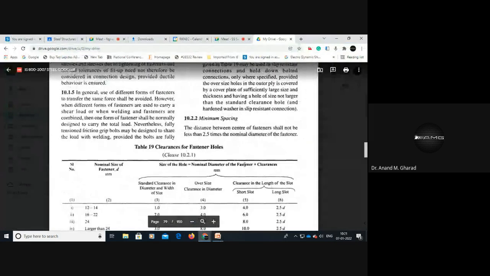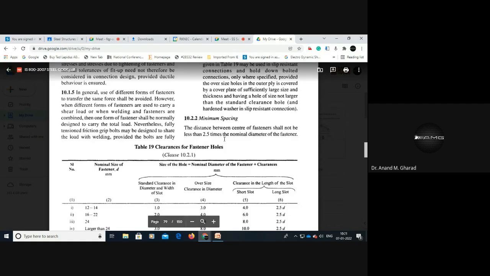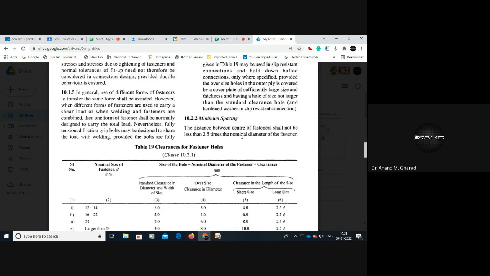So look, here a criterion for minimum spacing is given. What it says: distance between centers of fasteners shall not be less than 2.5 times the nominal diameter of the fastener. This criterion is given.